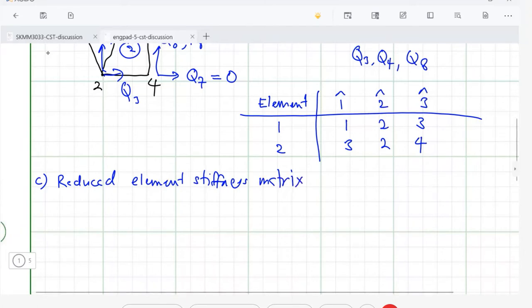So this is where we need to use our formula. So the formula is this.